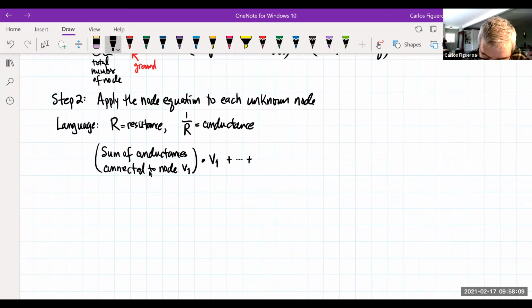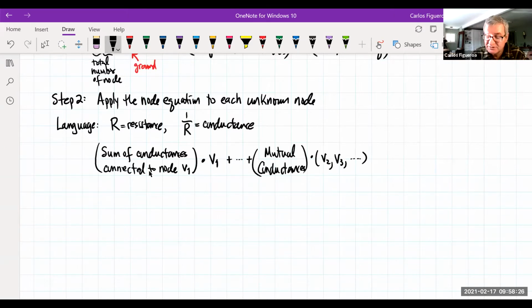So then you have the sum of mutual conductances. And then you could have multiple mutual conductances, and then you get plus or minus I of the current source. That's the node equation right there.